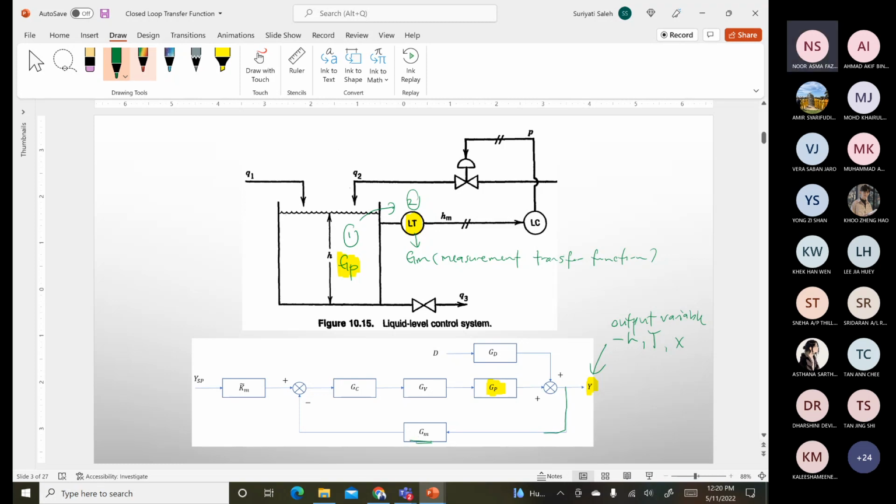Once the transmitter measures the current level, it will send the information to the controller, from number 2 to number 3. In this controller, like I said, it will compare with the set point.